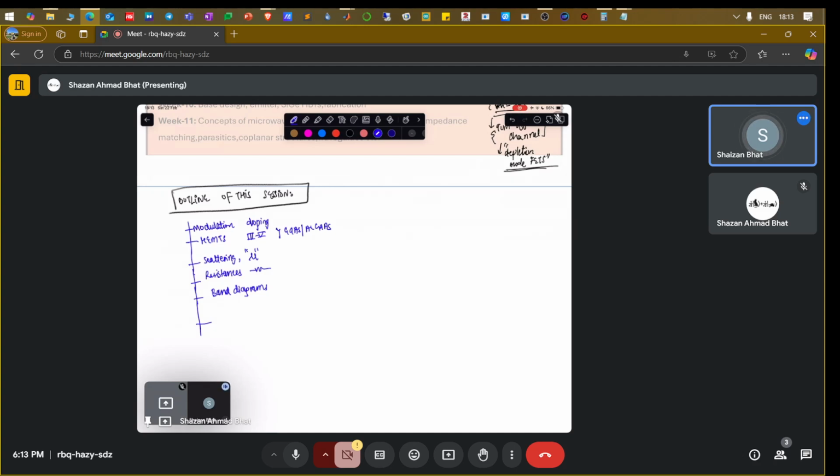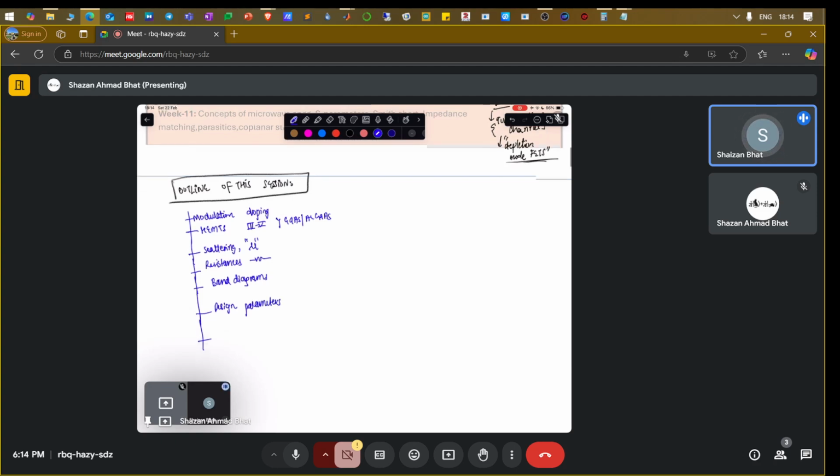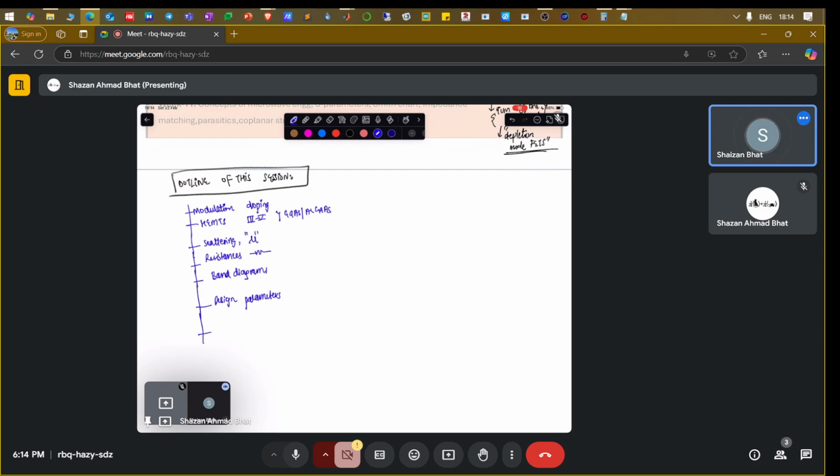Then we will talk about some design parameters while designing the microwave based circuit of these particular devices. We will talk briefly about noise, maybe some figures of merit like noise figure and noise factor, which are the logarithmic of one another. And we will talk about these heterostructures.